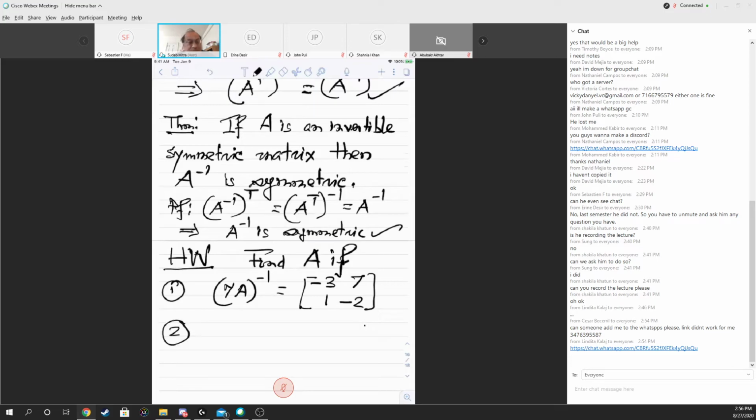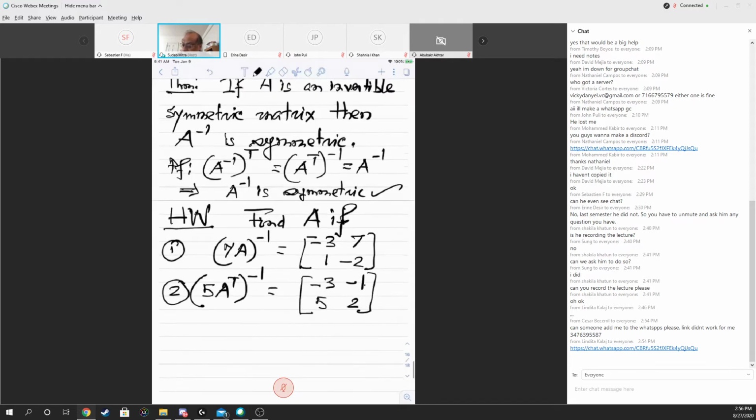Number two, because this is the last part, 5A transpose inverse is, I have to explain what this is, minus 3, minus 1, 5, 2. Number 3, I is the identity matrix always, remember?